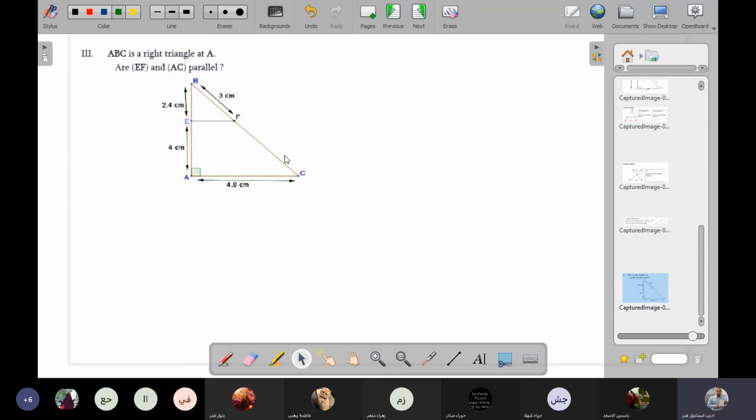Okay, so let's examine this figure carefully. We have the measures. What measures do we have, Jawad? BE, and EA. So to prove that these two lines EF and AC are parallel, we should find the ratios.